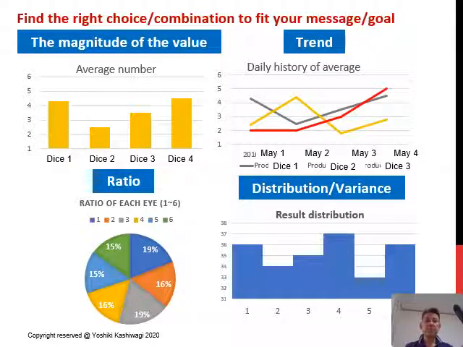Let's move on to the bottom one, the ratio. This is one of the ways to summarize the result. If you throw a dice a couple of times, here is the ratio of each eye, 1 through 6. This is just an example.